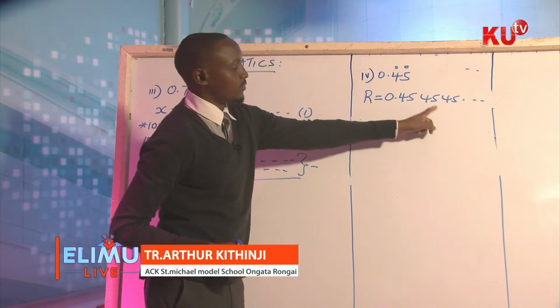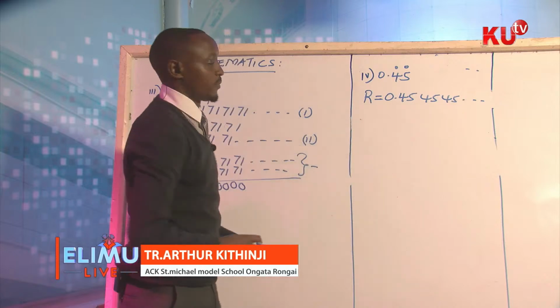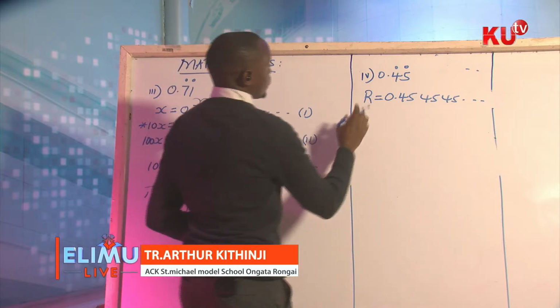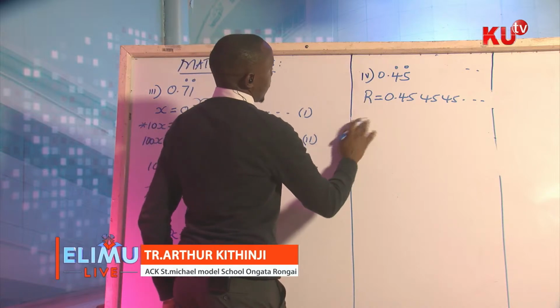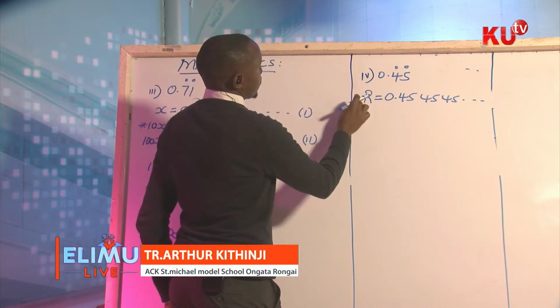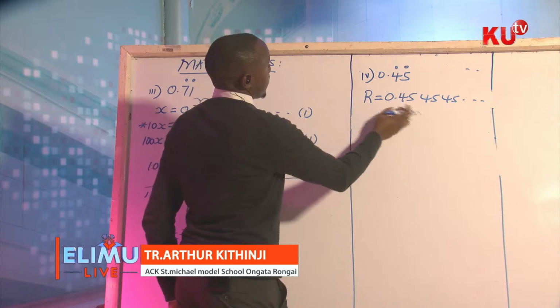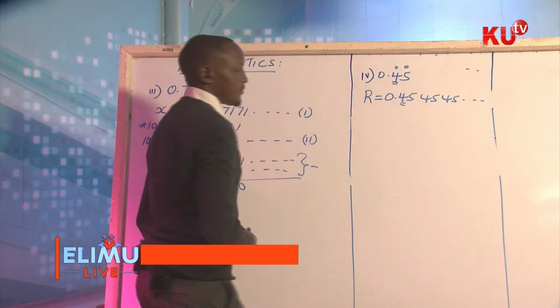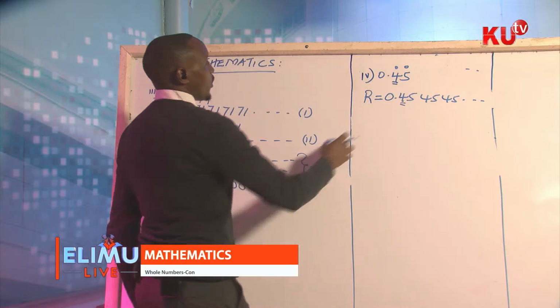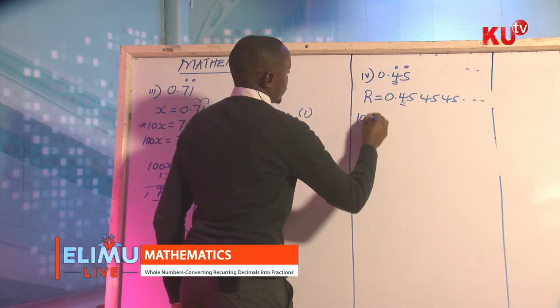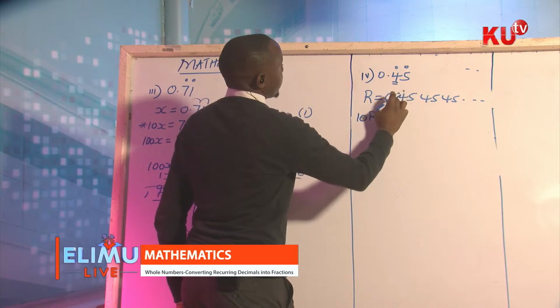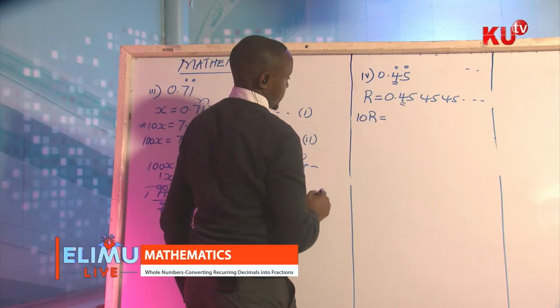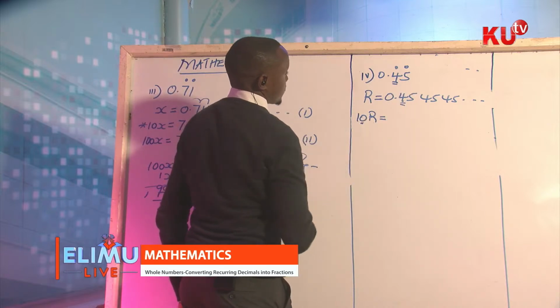So we want a multiple of 10 that we shall multiply r by to give us a number where the tenths digit will be the same. When we multiply r by 10, what we call 10r, we shall move the decimal to the right once, because we only have one 0 here.